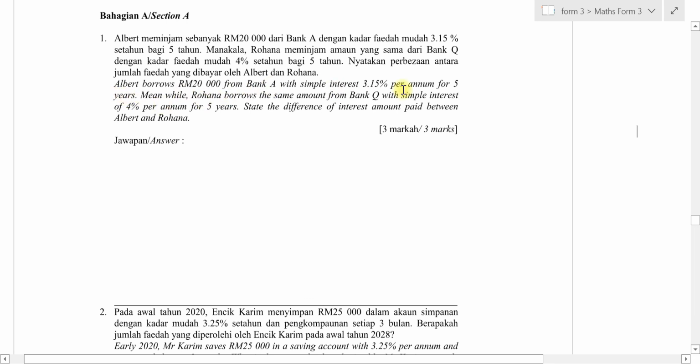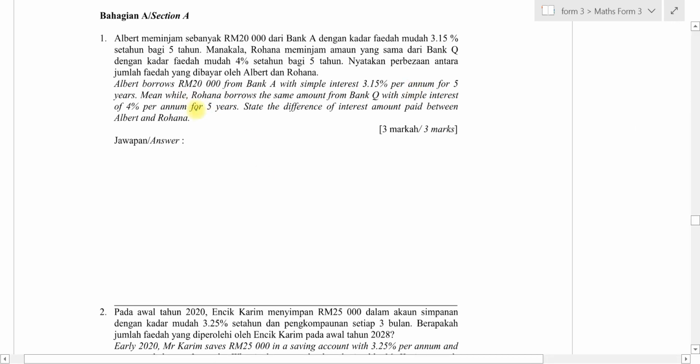But okay, this one is just in the question. In real life, for 1 year only we will do simple interest. If more than 1 year, it is advisable to invest in a bank that can offer you compound interest, because with compound interest you can gain more interest compared to simple interest.